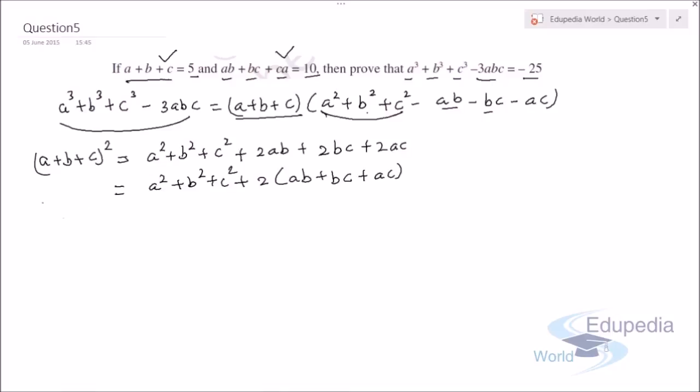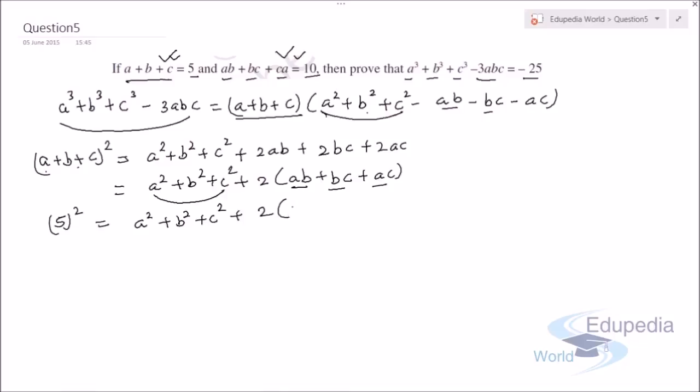Now we can put the values. So what is a plus b plus c? It is 5. So we can put 5 over here, and the answer will come out to be 5 square. Then we have to put the value of ab plus bc plus ac. We have it over here as 10.